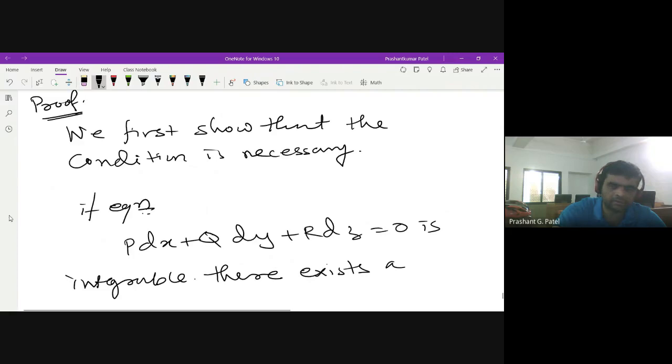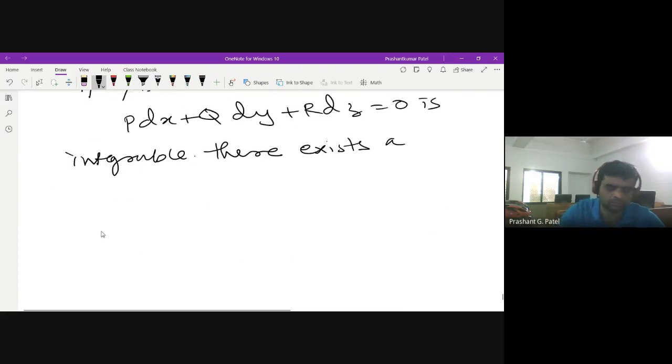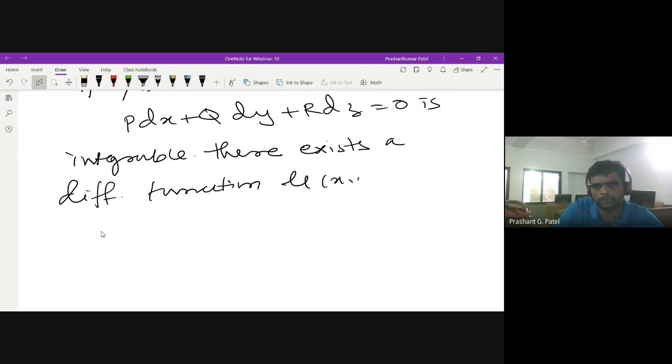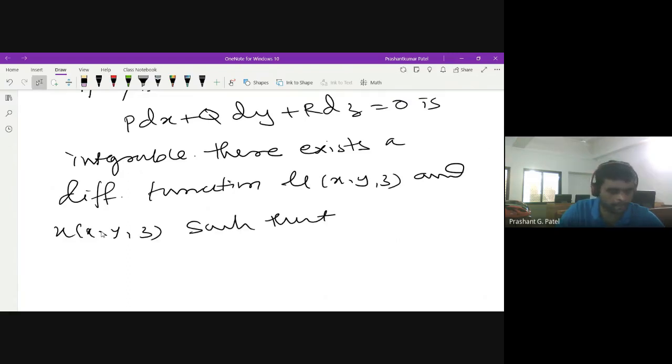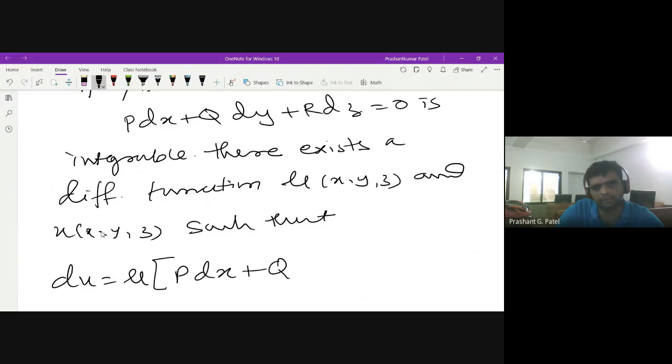Then there exist differentiable functions mu of x, y, z and u of x, y, z such that du equal to mu into P dx plus Q dy plus R dz, where mu is non-zero.